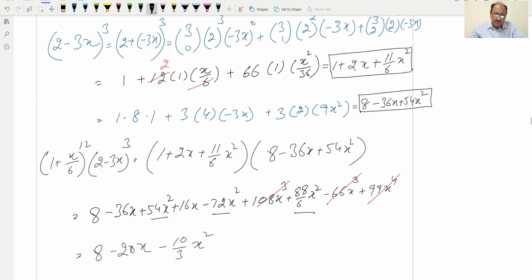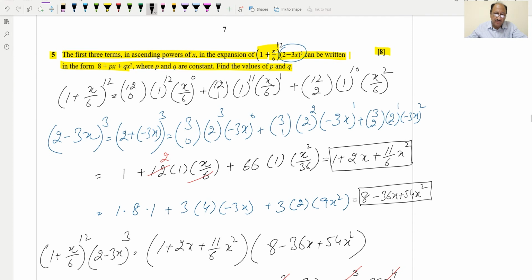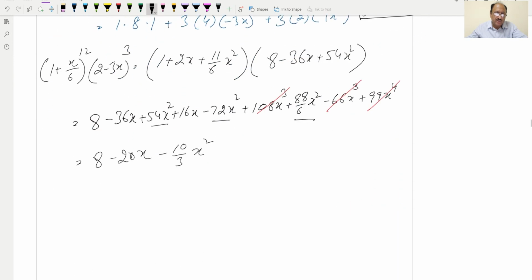This is in the same format which was required, so the p value is equal to minus 20 and the q value is equal to minus 10 by 3. These are the two values which we were supposed to find. We are done with this question.